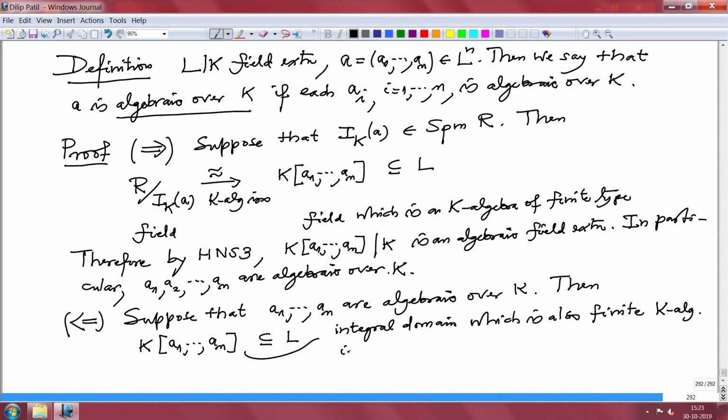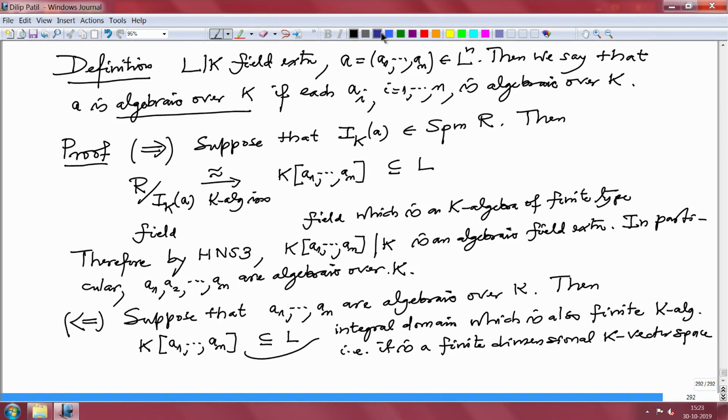That is, it is a finite dimensional vector space over K. This is very simple. One can check it by induction on n. For one element it is clear, and then keep doing it, and finite dimensional over finite dimensional is finite dimensional.